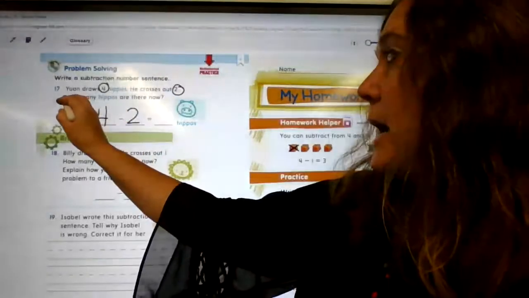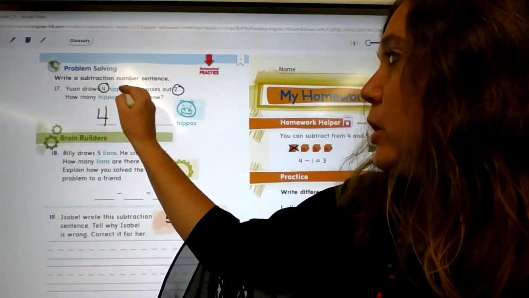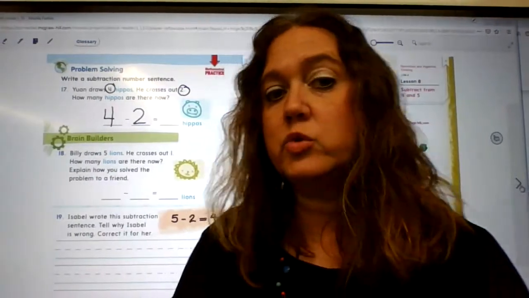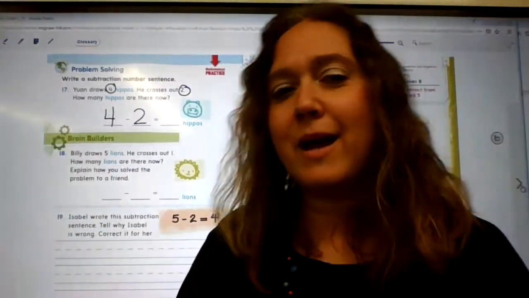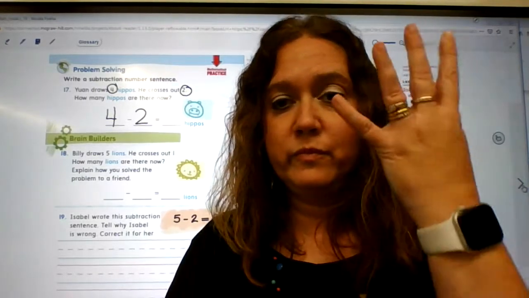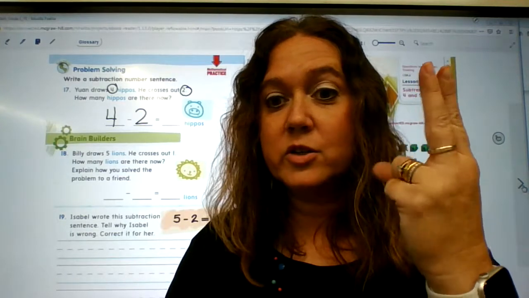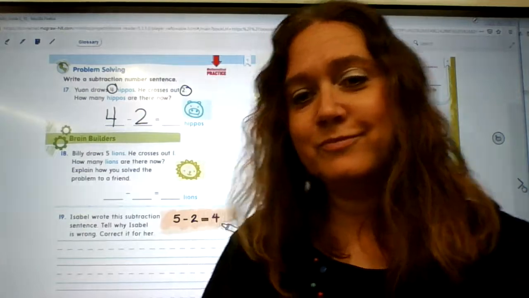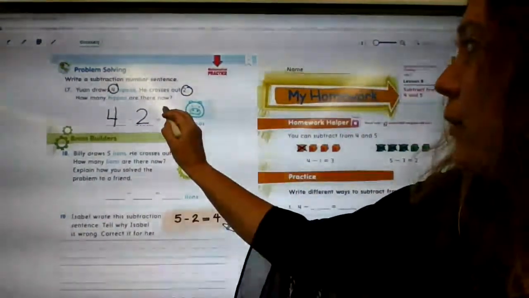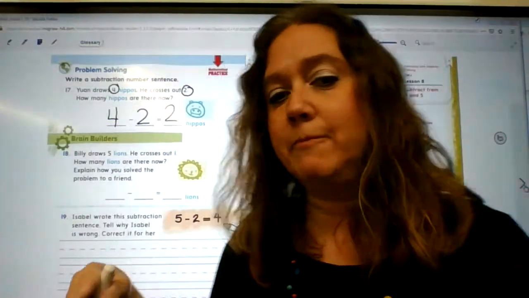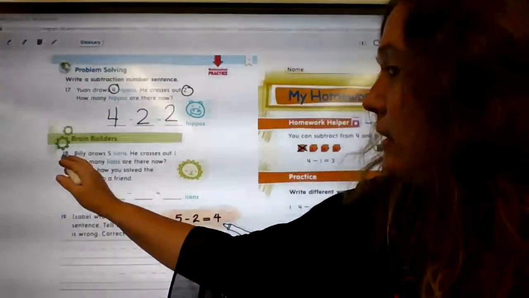And then the question asks, how many hippos are there now? If you wanted to draw to figure that out, I bet you probably know, or you could use your fingers. Started with 4. He crossed off 2. How many are left? 2. I knew you knew that one. 4 minus 2 equals 2. That's easy.